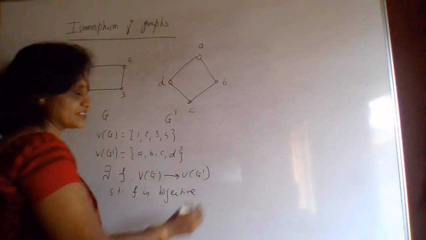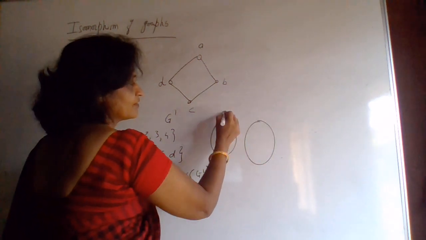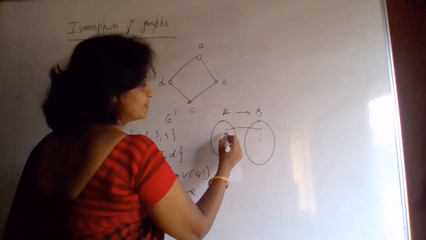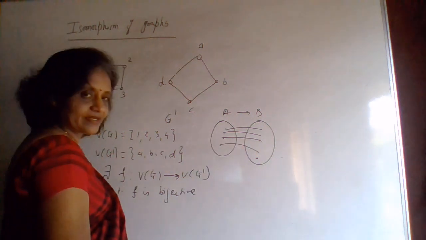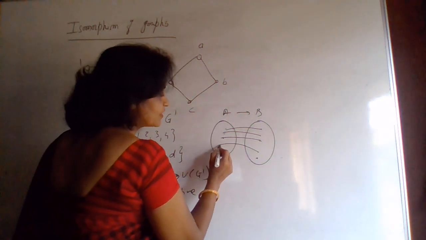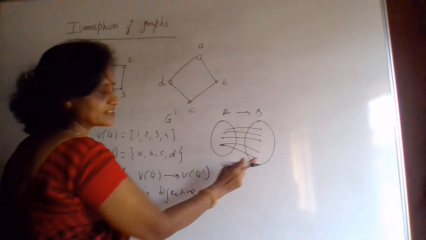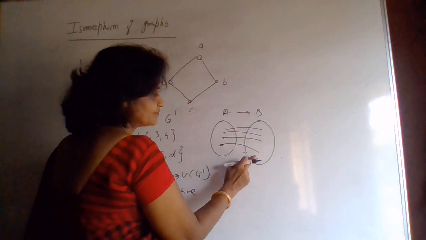If you want, I will just recollect what a function is. Function means a function from A to B. Every element must be related to one and only one element. Means it should not be this way, where it is related to this as well as this. It is not a function. That was our first condition.